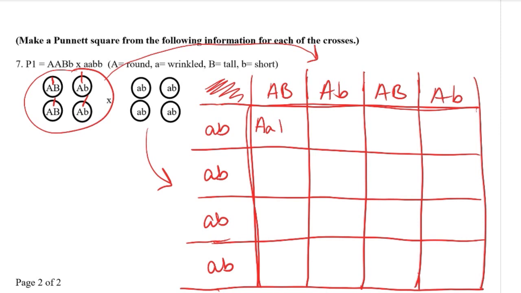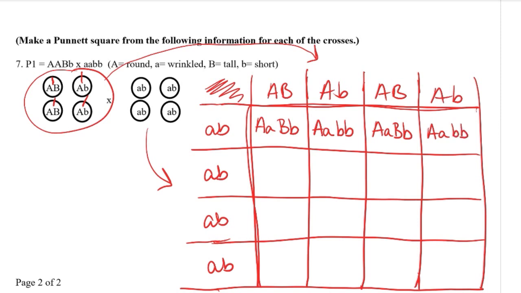Then my B's, capital B, lowercase b. And I'm going to go across capital A, lowercase a, and 2 lowercase b. I've got capital A, lowercase a, capital B, lowercase b. Capital A, lowercase a, and 2 lowercase b.